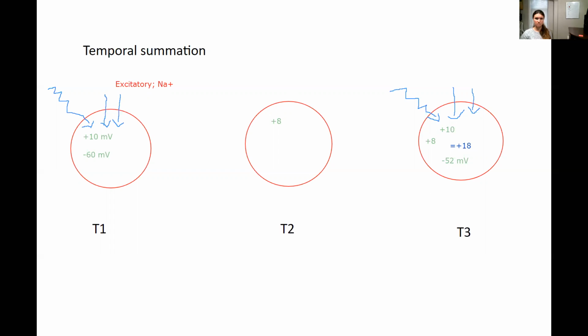Would this do the same thing if it was not excitatory? Yeah, if it's the opposite, it would do the same thing and make it more negative. Yes, that's true. And we could also do this with one charge that's excitatory and one that's inhibitory, in terms of summation.